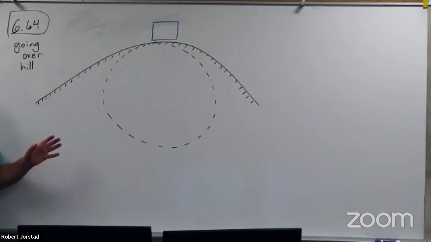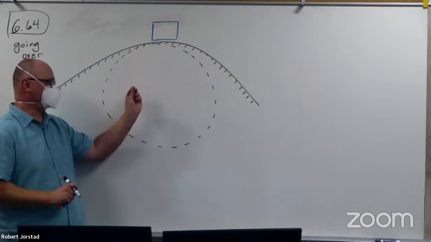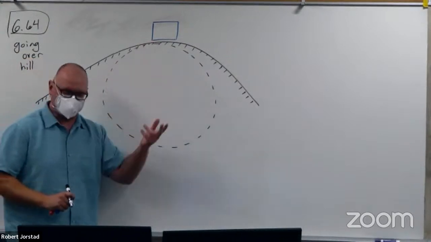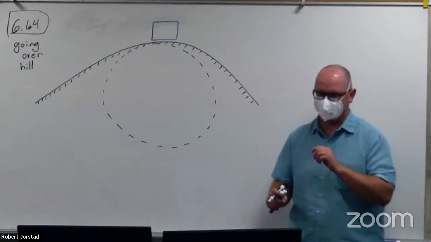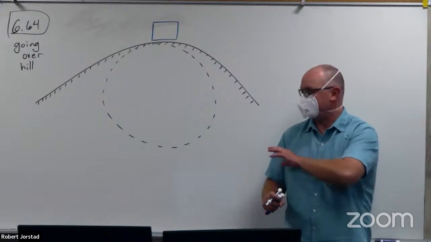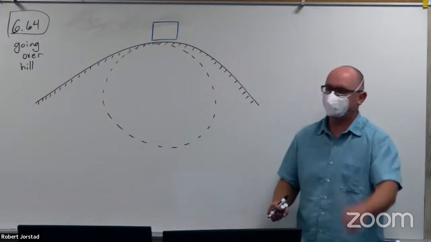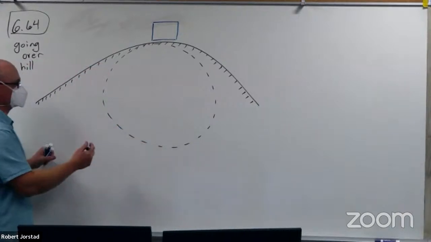So at any one instant, I could figure out the circle that best fits this road. And if you took a calculus class, maybe you remember something about the second derivative being radius of curvature. If you don't remember that, that's cool. But basically, you can use calculus and figure out this radius.